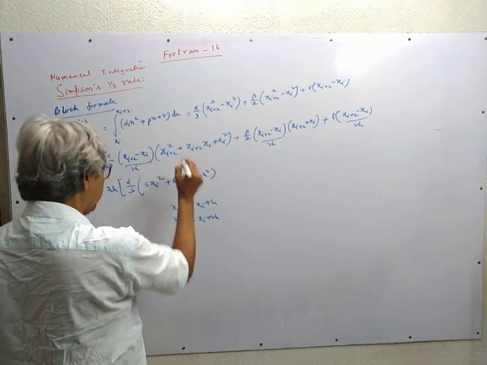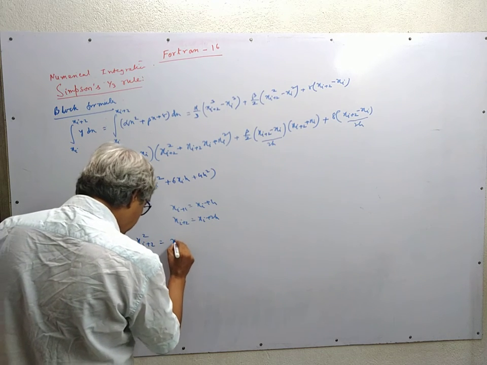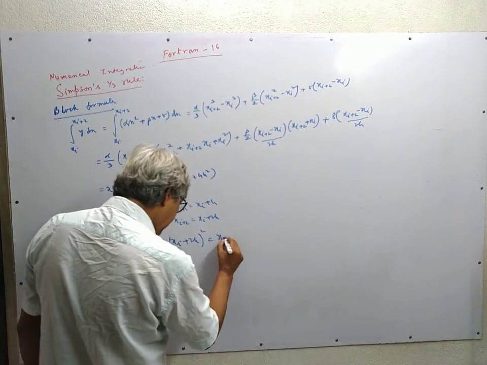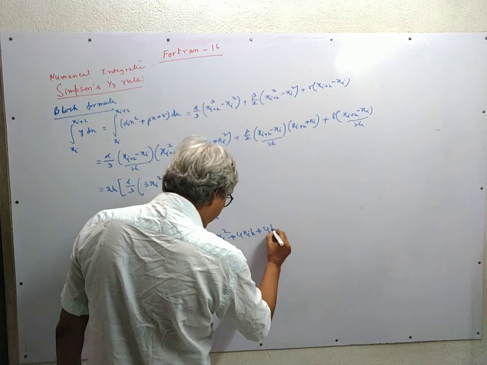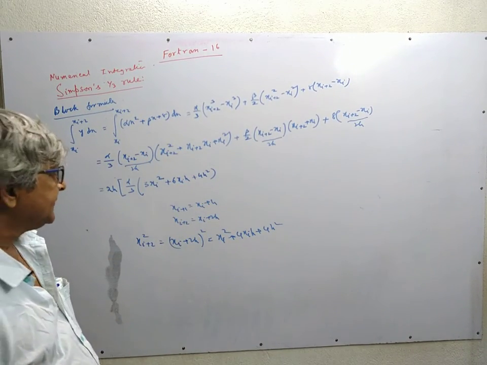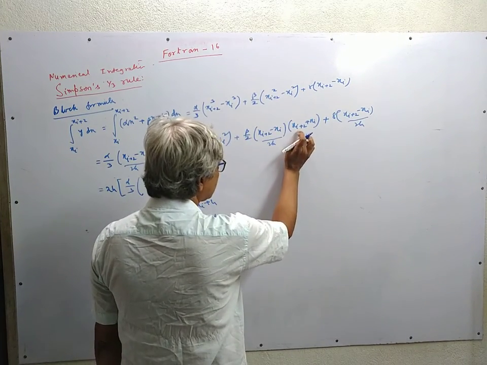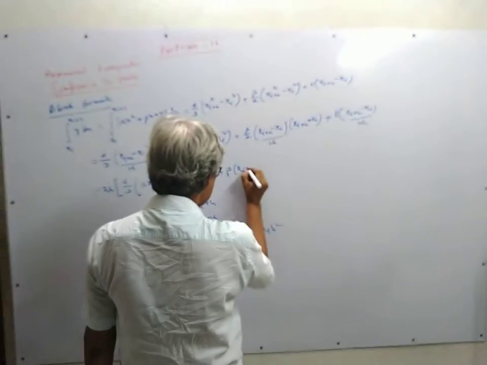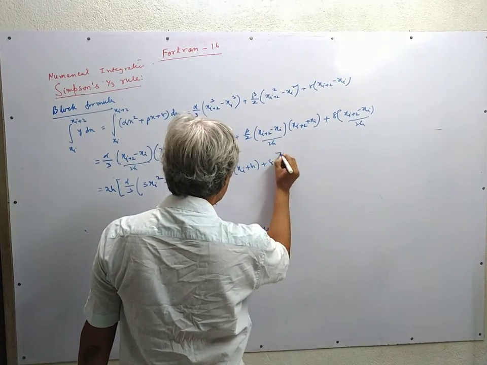Actually this term, remember that (xi plus 2)² is equal to (xi plus 2h)², which is xi square plus 4 xi into h plus 4h square. Then this is xi plus h, and this is simply gamma.